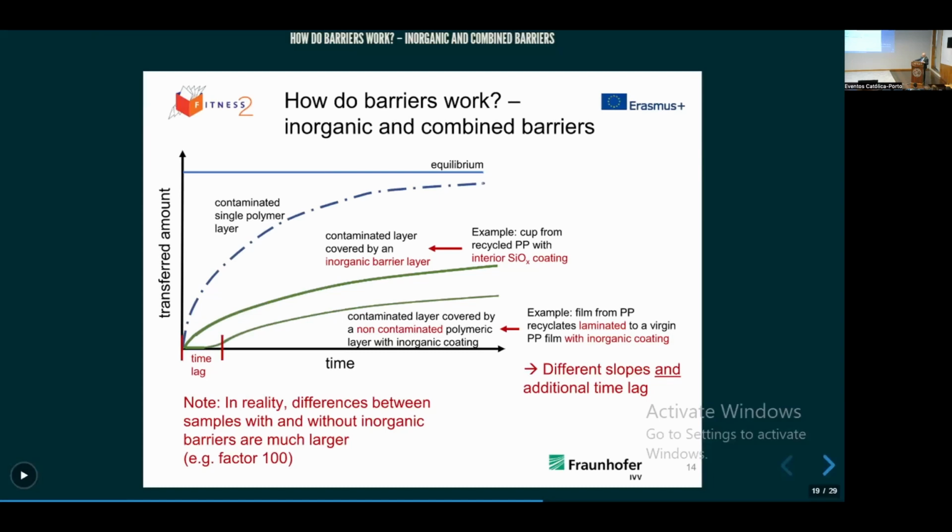So we have again the same type of curve as we had before with the contaminated polymeric barrier. And we can get, on the other hand, this lag time if we combine the inorganic coating with an organic, clean polymeric material.